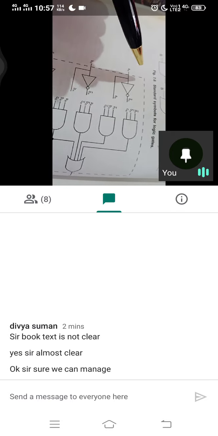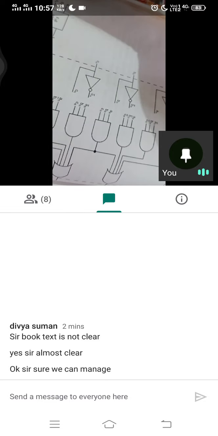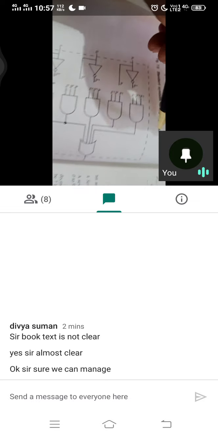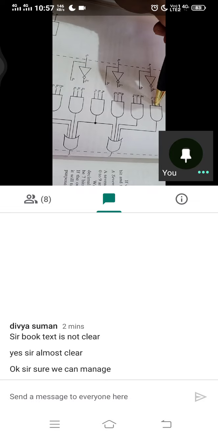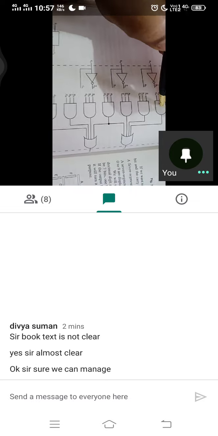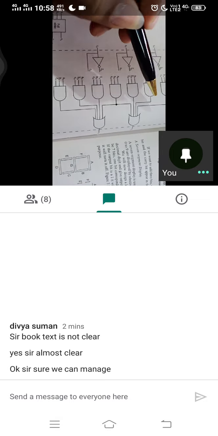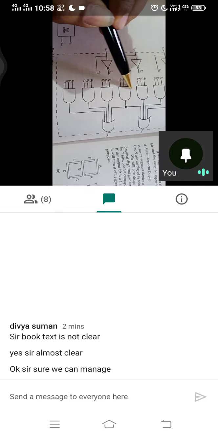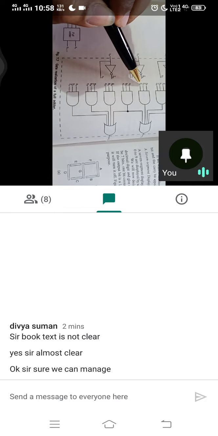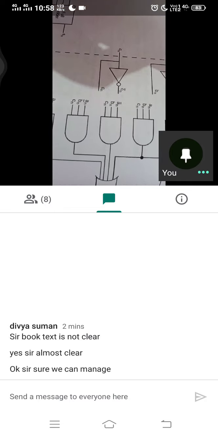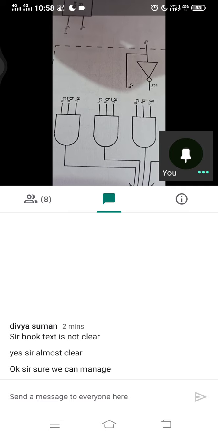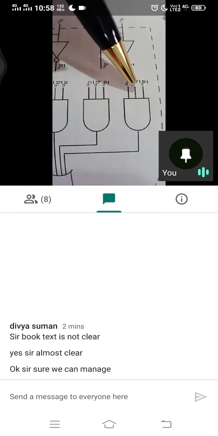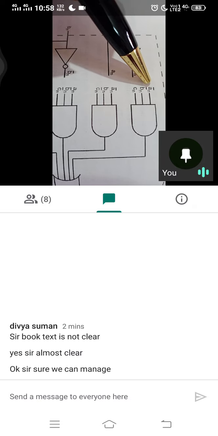Now from there we will have to construct the full adder circuit. So when we do that, we'll simply use 7 AND gates. These three will come in here, and we'll be connecting them. As you can see, all these are three input AND gates, and the labels are already here.